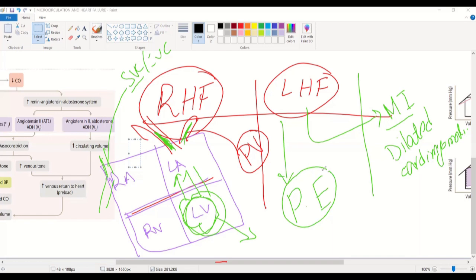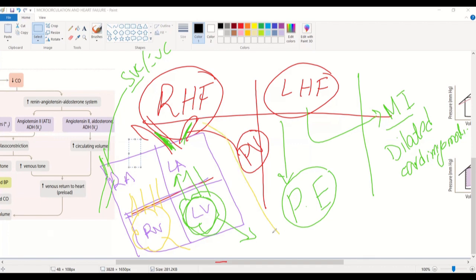What about right-sided heart failure? Does it lead to pulmonary edema? No. So systemic congestion. If this is a right ventricular failure, it will lead to a backward buildup of pressure. So ultimately the pressure builds up in the superior vena cava and it will present with increased jugular venous pressure.